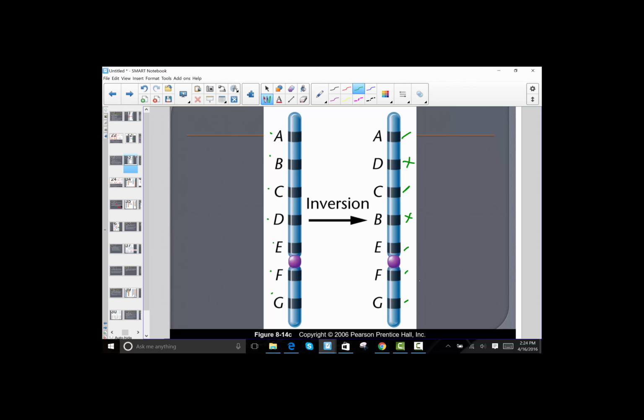So here's the problem. If we have A, D, C, B, E, F, and G, how is this matching up with our normal chromosome? And the truth is that sometimes it cannot match.